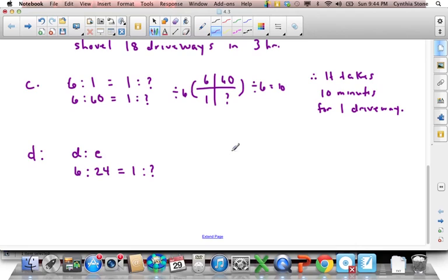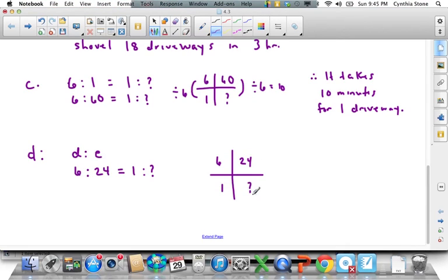Okay? Make our table. 6 to 24 is 1 to, I don't know. And again here, could go 2 different ways. Either way would be fine. But let's go for this way. 6 to 24 is times 4.